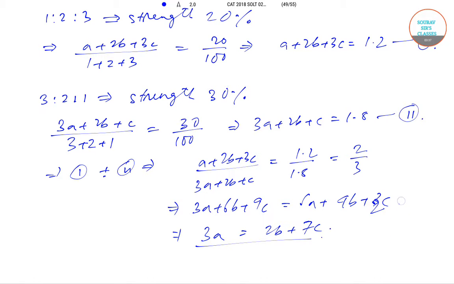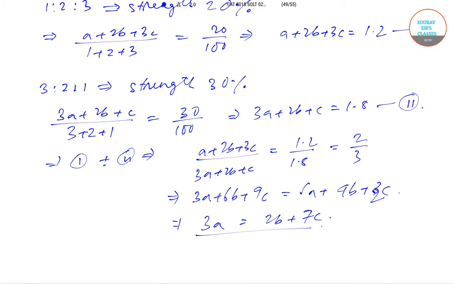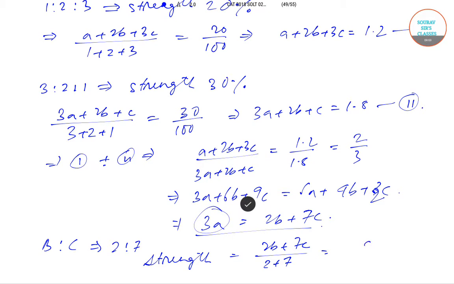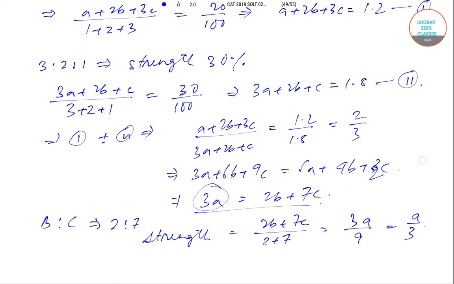Now, it was said that another solution D was created in which B and C are in the ratio of 2:7. Okay, so in that case, the strength of that very solution D will be equal to (2B plus 7C) divided by (2 plus 7). Now we know that 2B plus 7C, as we have already found out, is equal to thrice A. So thrice A by 9, and the resulting strength of the solution D will be equal to A by 3.